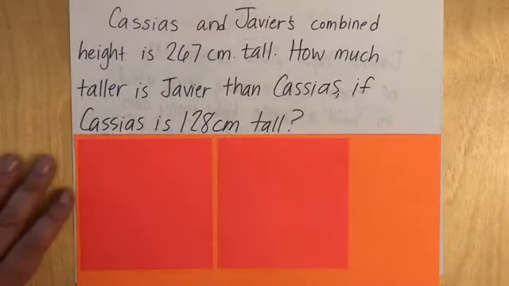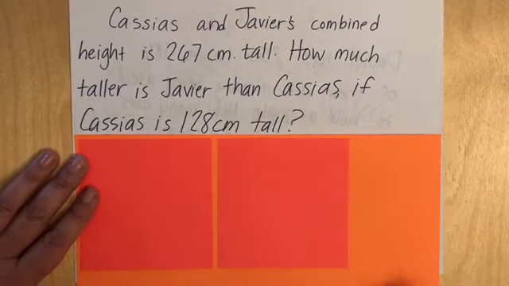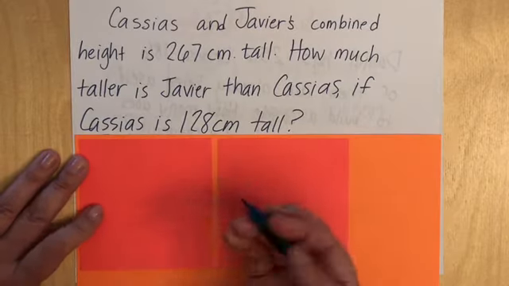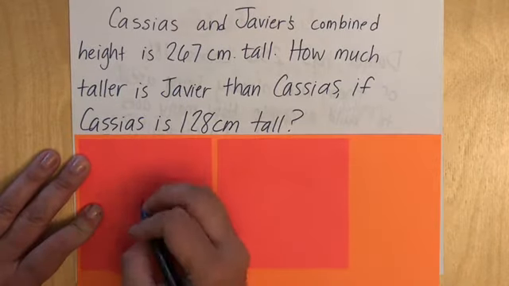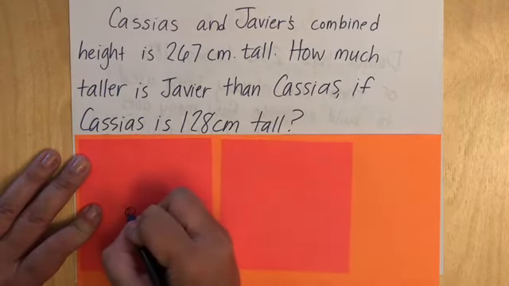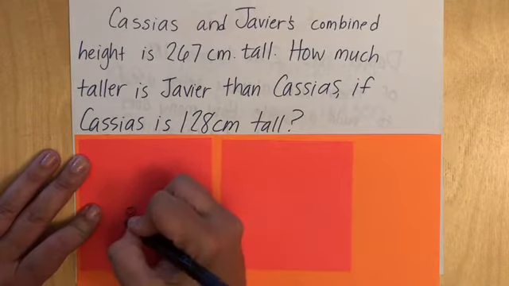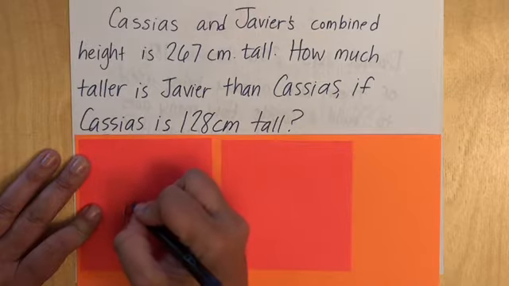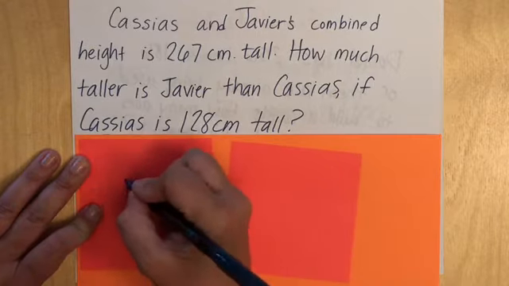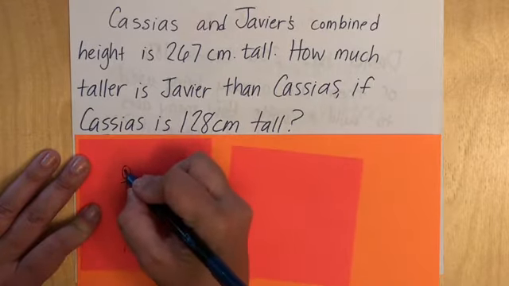Okay, so let's go ahead and see how you could have figured this out. So the first thing that I could have done was drawn a picture. And so if I imagine that Cassias and Javier are standing on each other's shoulders, they're like a little circus act.